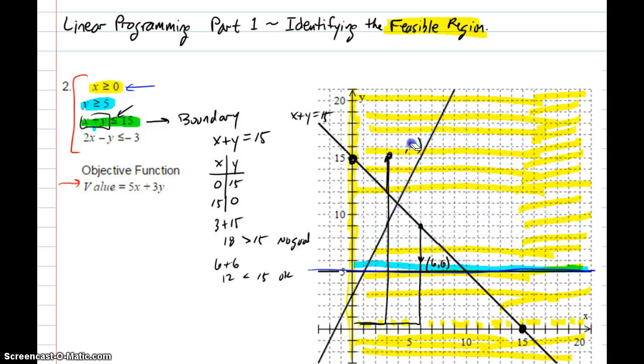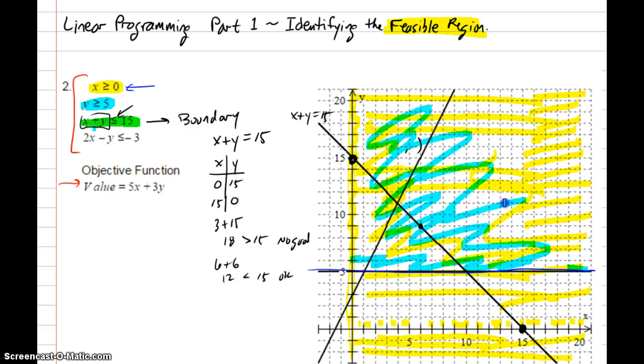Let me get rid of the coordinates. So again, we were looking for stuff to the right of the y-axis and above the line y equals 5. That satisfies the first two inequalities. And for this one, I want stuff below this line that's still in the region. So I'm looking at this section here.